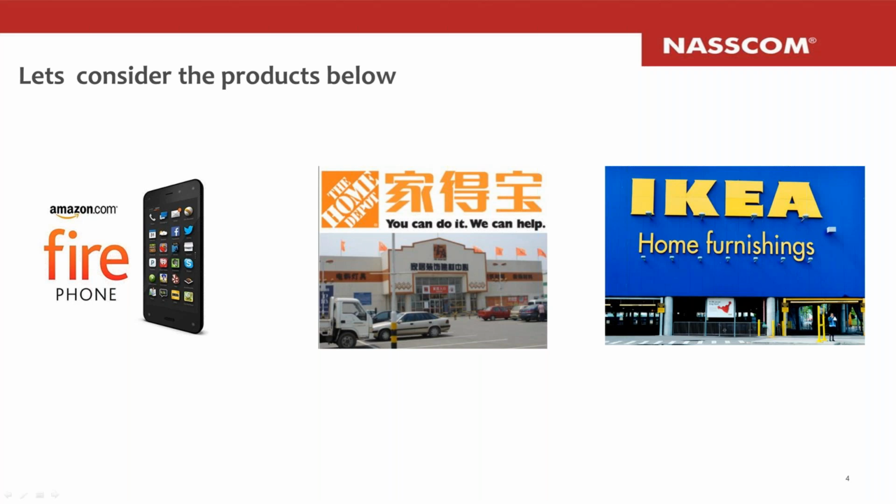Now, however, many Chinese people have little sense of how to furnish or decorate a home. So now they are very eager to learn from the West. Now, this is one of the reasons that IKEA in the same segment is very popular in China. So understanding your market and your customers is indeed very, very important. So I really want you to keep these examples in mind as we are going through today's session.